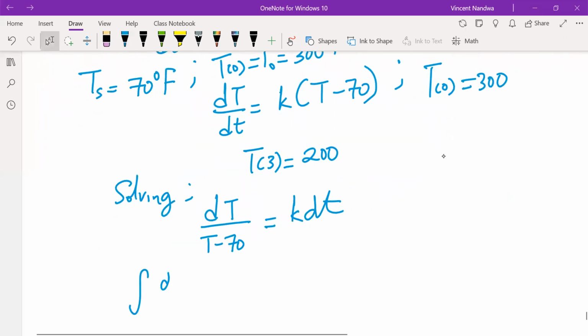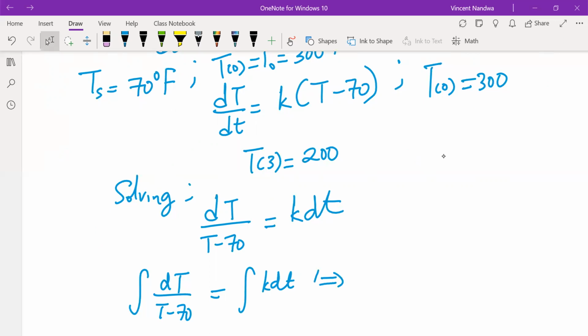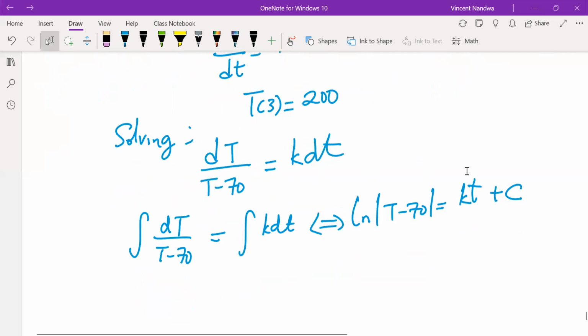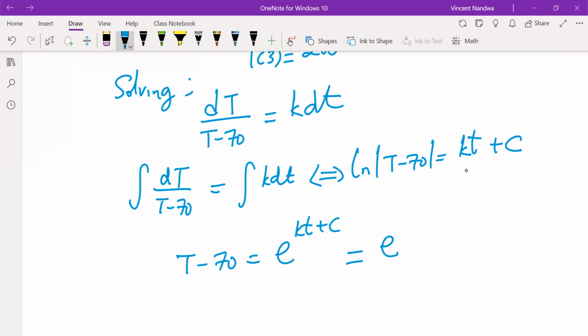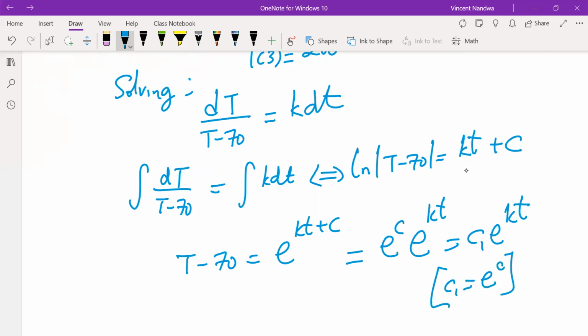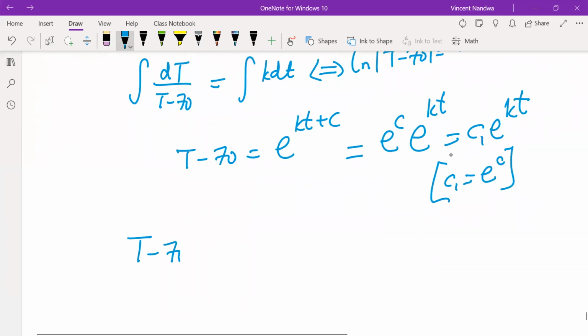Integrating both sides, we'll have the integral of dT over (T minus 70) equals the integral of k dt, which will give us ln of (T minus 70) equals kt plus c, which means exponentiating both sides, we have T minus 70 equals e raised to the power kt plus c, which is e to the c times e to the kt, and I can write this as c1 e raised to the power kt, where c1 is e raised to the power c. So I have T minus 70 equals c1 e raised to the power kt.